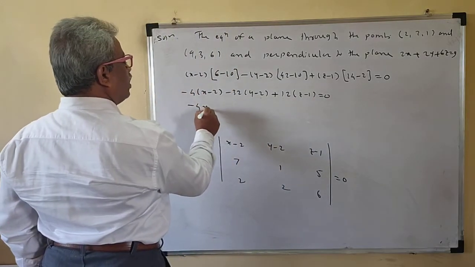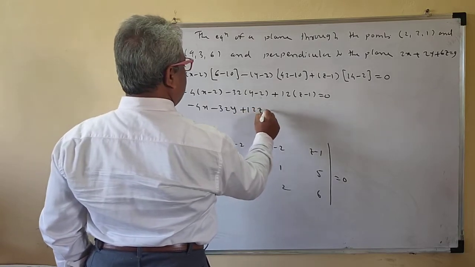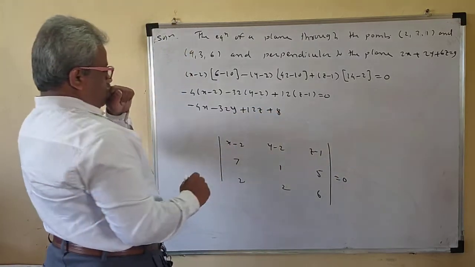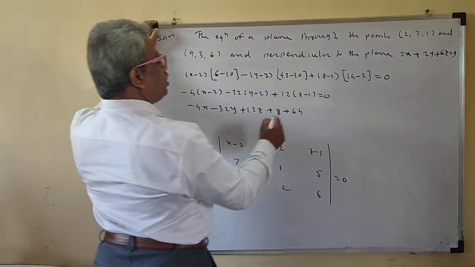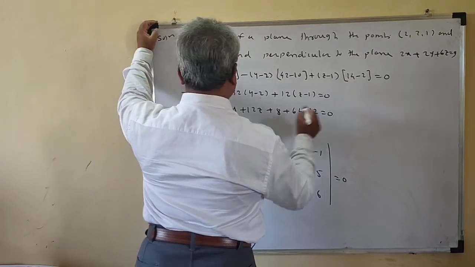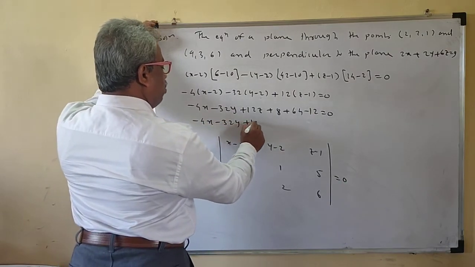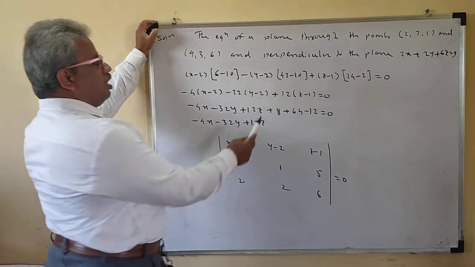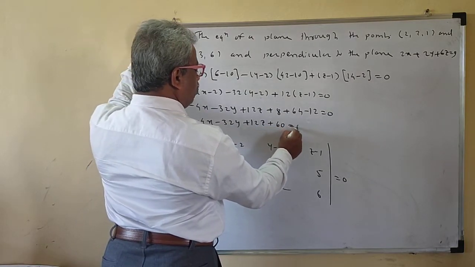So −4x − 32y + 12z + 8 + 64 − 12 = 0, that is, −4x − 32y + 12z + 60 = 0.